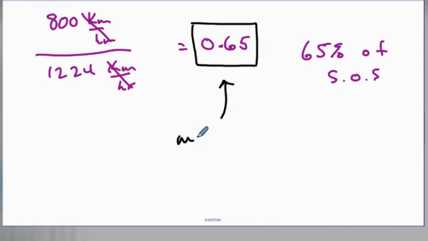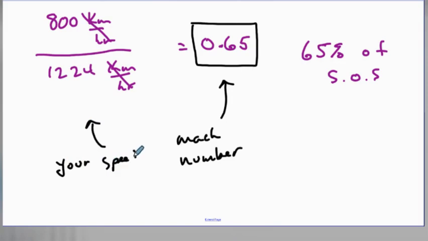That's the Mach number. And all it is, it's a comparison of your speed to the speed of sound. Just be careful that you have the units to be equivalent.